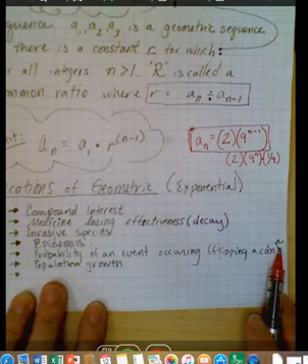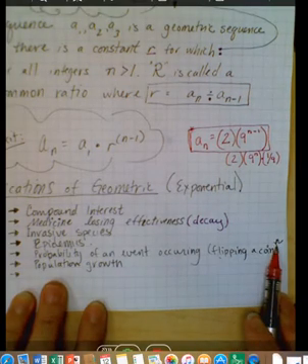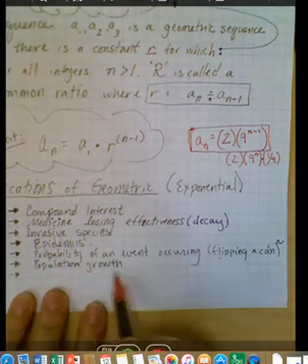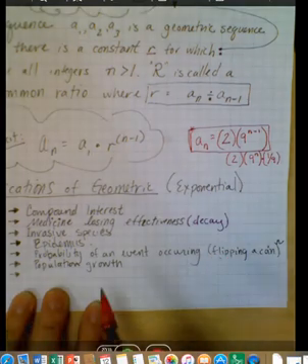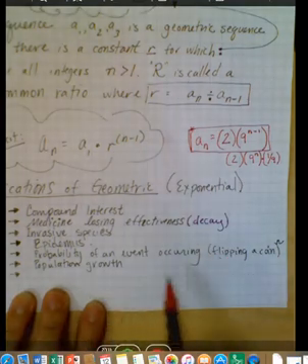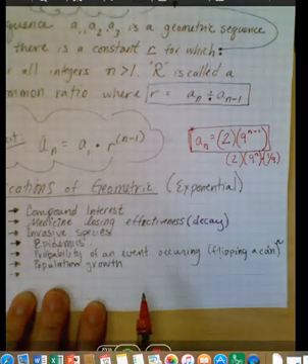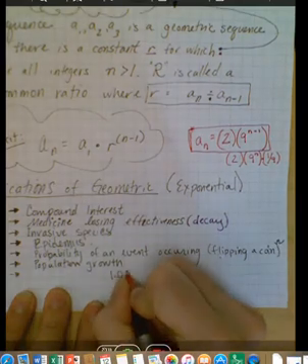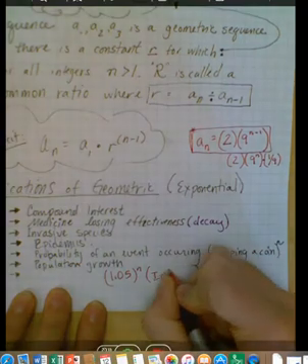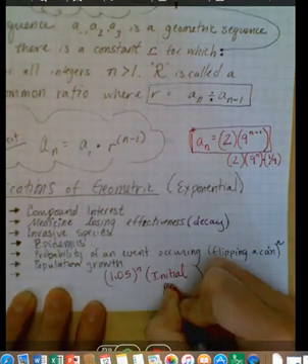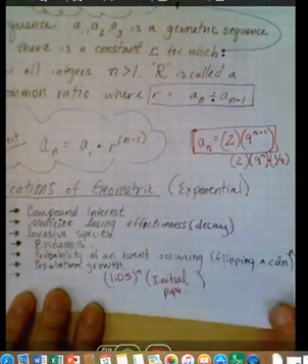So the number of outputs would be 2 to the number of times I flipped it. And then also population growth, like if you're growing at 5% from year to year, so you would have 1.05 because there's 105% of the previous year's, and then times your initial population. So that would be another example.